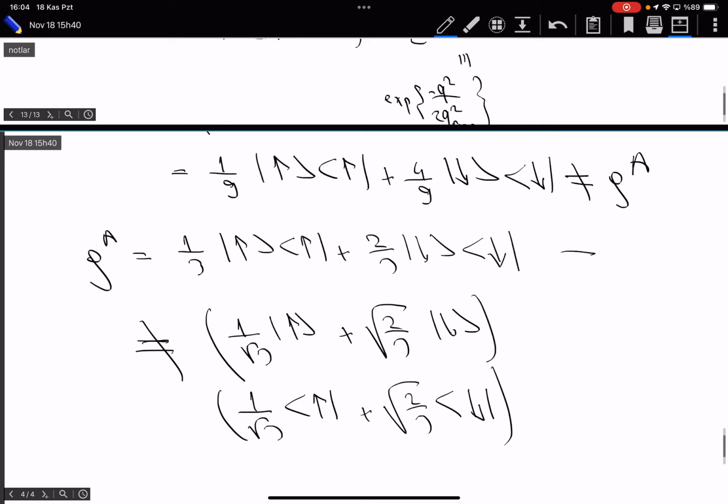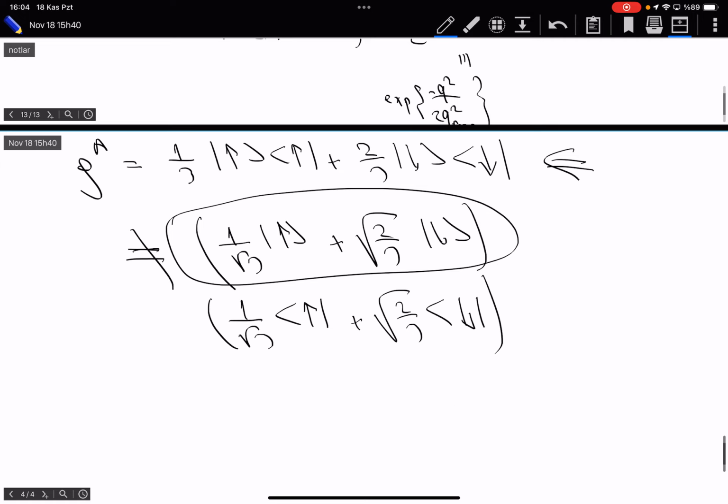If I have such a system, I know that with 1/3 probability an electron I pick will be spin up, with 2/3 probability it will be spin down. It doesn't correspond to this wave function. If an electron has that particular wave function, with 1/3 probability I will measure its spin to be up, with 2/3 probability I will measure its spin down. Those are different things.